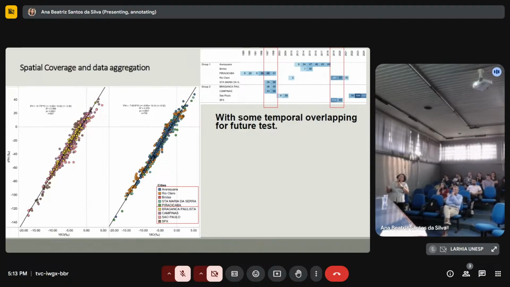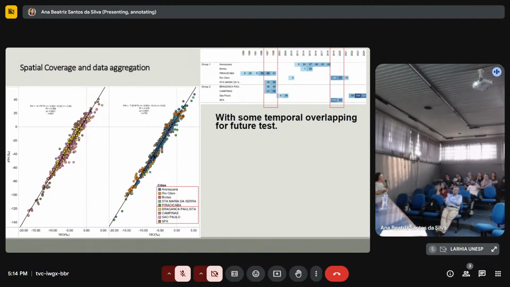Now we will try some assessment of the temporal coverage, because as you see, this could be a coincidence, since we don't have the same temporal coverage. We will investigate the temporal coverage more, to see whether, for the periods in which we have data from the same cities, the agreement still remains.